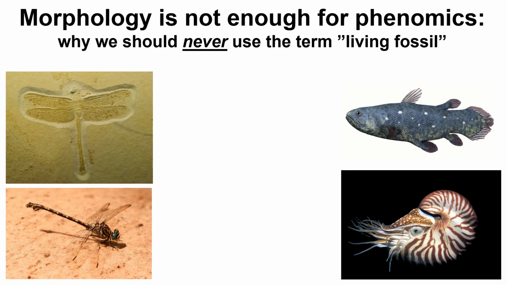And this is also one reason why we should never use the term living fossil that you often hear in grant applications and sometimes journal articles. Typically when others talk about living fossils, they point to the coelacanth, this deep sea fish, or the nautilus, or even dragonflies.